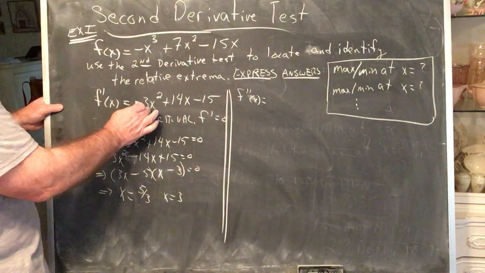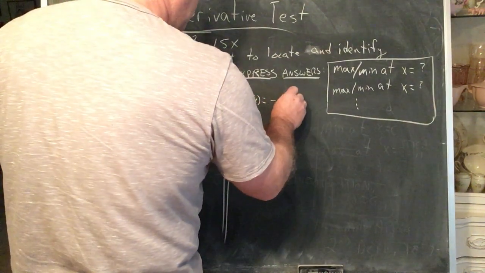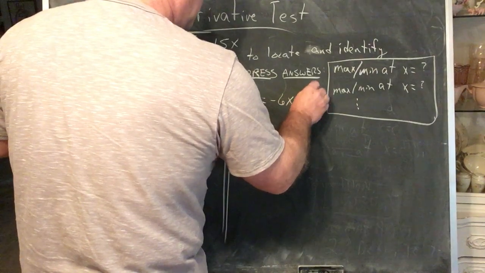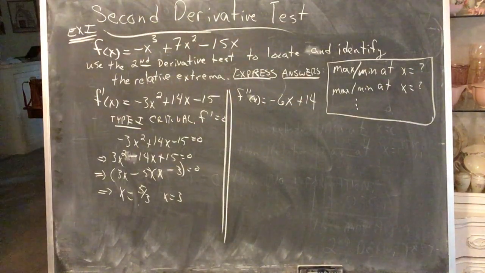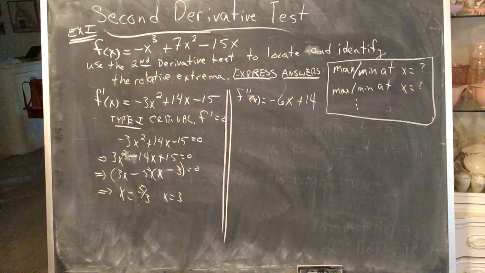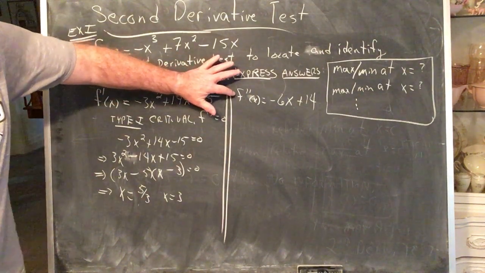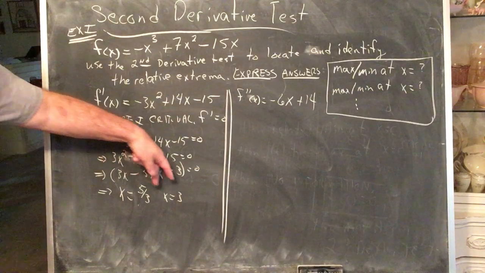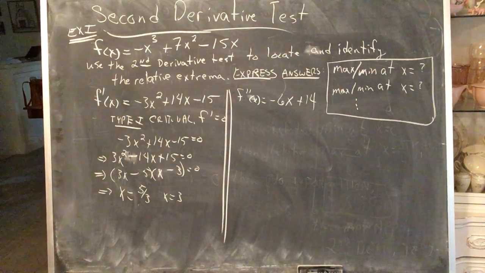The second derivative is the derivative of this. That's negative 6x plus 14. All right. And we need to evaluate the second derivative at each of these individual critical values.